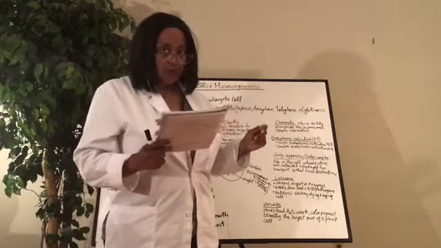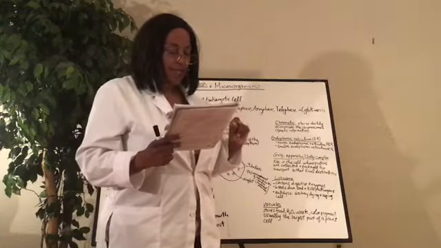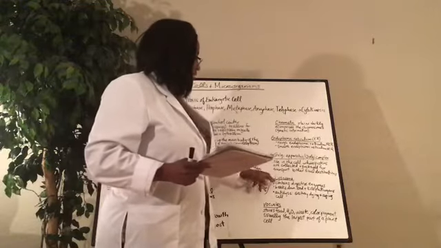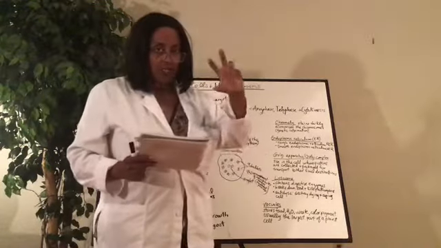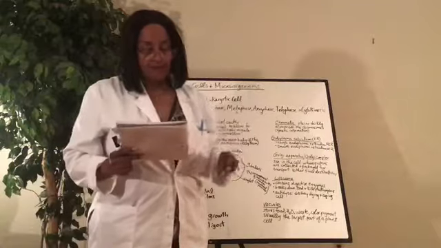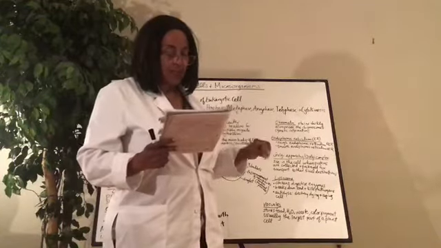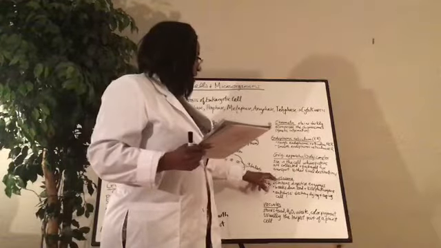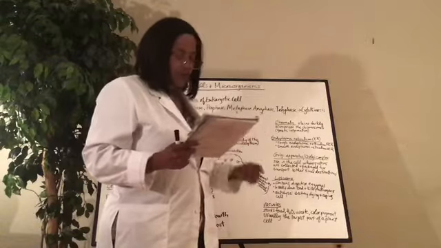A phagosome is a merger or combination of a lysosome and a vacuole, something that's going to come around and eat something up. So that's what a phagosome is. It's the merger or combination of a lysosome and a vacuole. Okay?